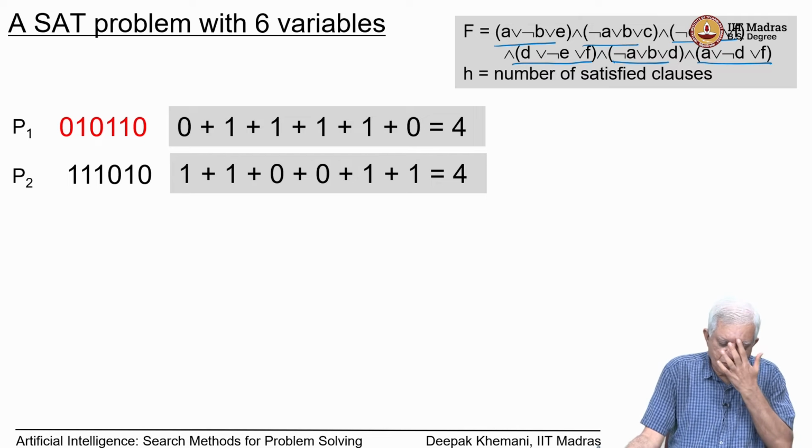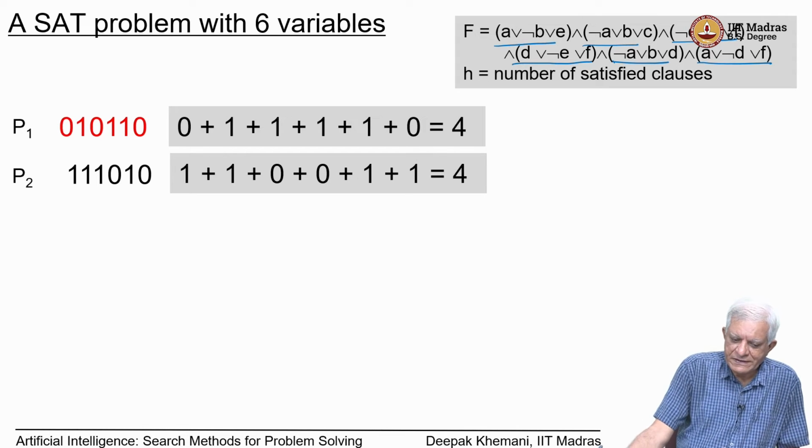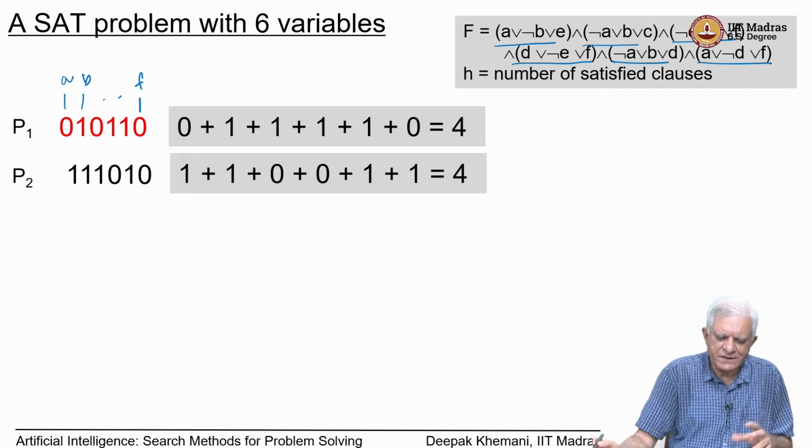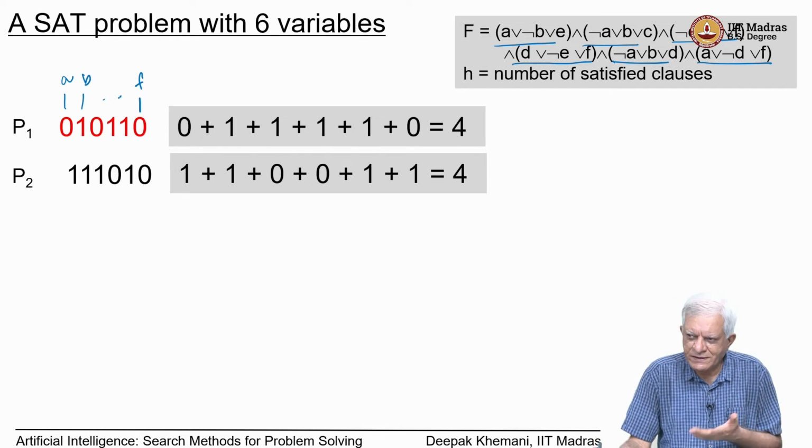So, if these are the 2 candidate solutions, what does this mean? This means that this is the value of A, this is the value of B, and so on, and this is the value of F. So, all the 6 variables have a value written in this particular order.